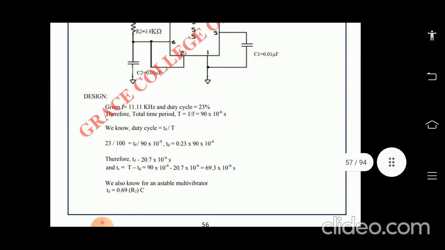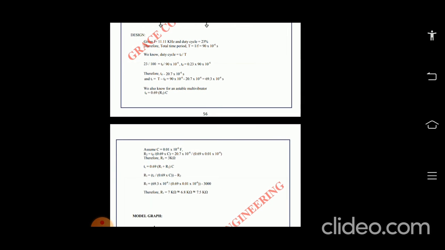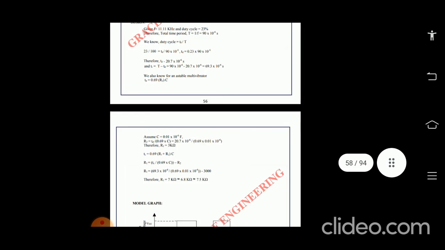So here, for getting this output, we need to design some of the parameters with the help of our frequency and duty cycle. If we are given the frequency and duty cycle, we can get the resistance values with the help of the on and off times, that is, the charging and discharging times.